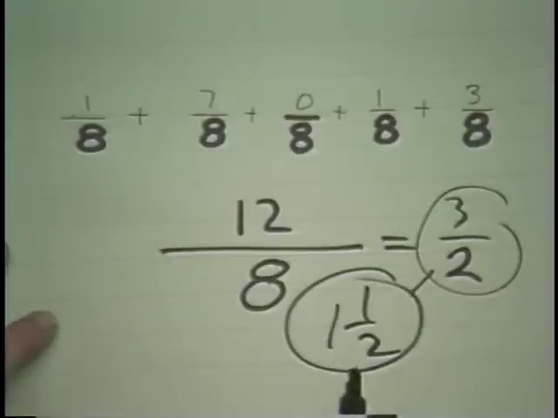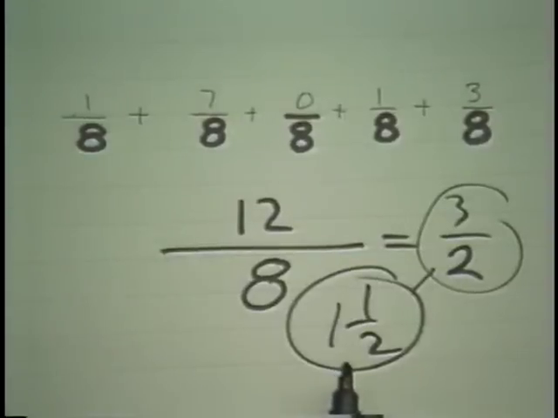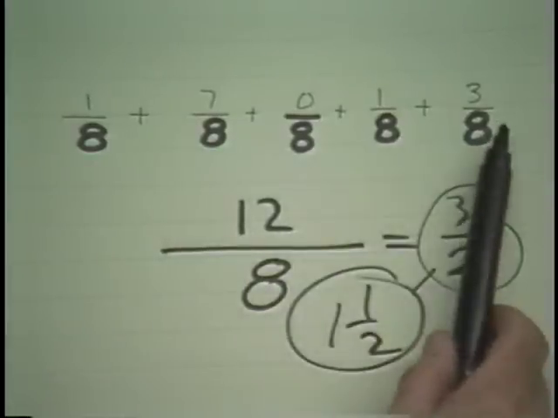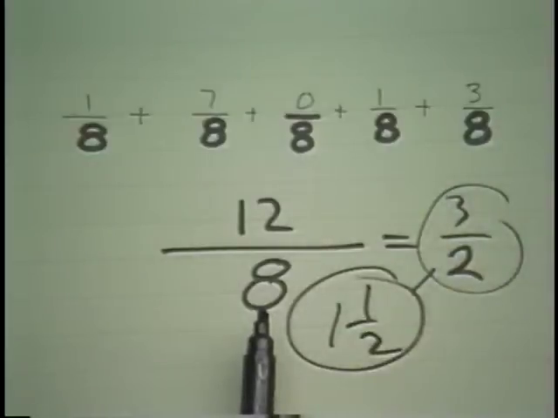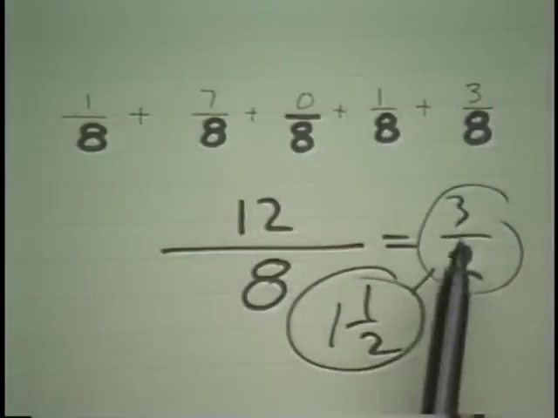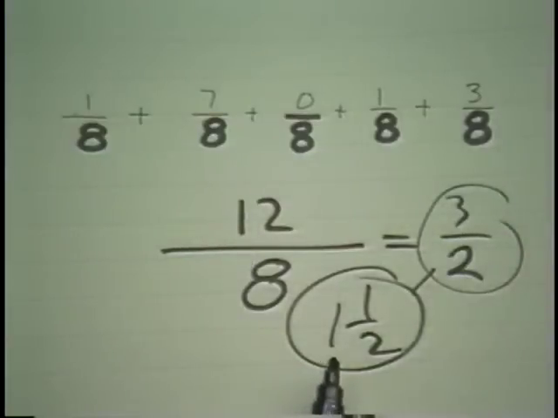So we can say the total stock point increase for the 3J company was 1.5 points for the week. That's it. When adding like fractions, keep the denominator the same and simply add the tops for the new top, reduce, then change to a mixed number if that's what's desired.